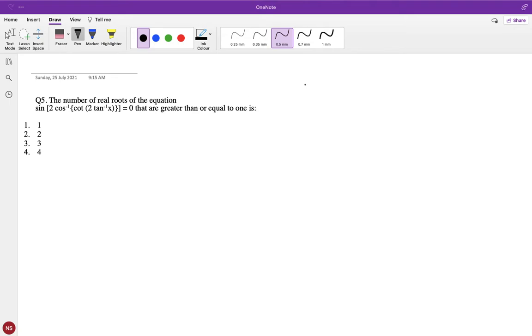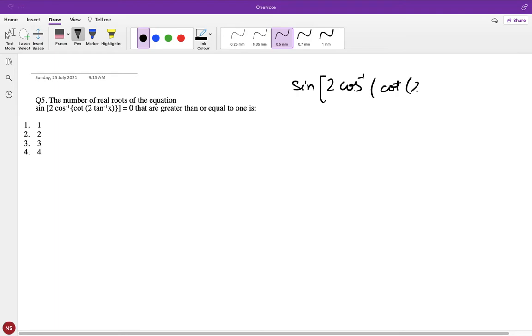So we have to find out the number of real roots of the equation which are greater than or equal to 1. So it is given that sine of 2 cosine inverse of cot of 2 tangent inverse of x is equal to 0. We have to solve for this equation.